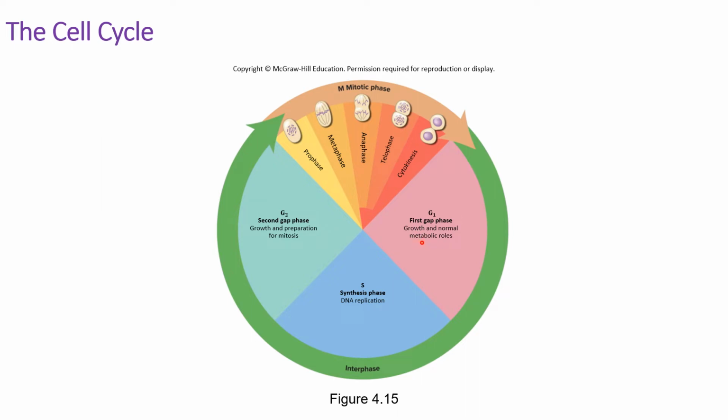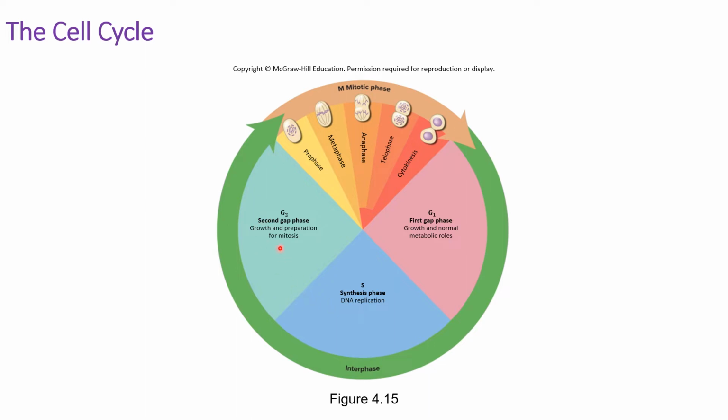So you will have a series of development and growth taking place in G1. And by growth, I mean development of organelles and just normal metabolism going on in the cell. After G1, you will have the synthesis phase, and this is where we're having DNA replication, which was just described to you.